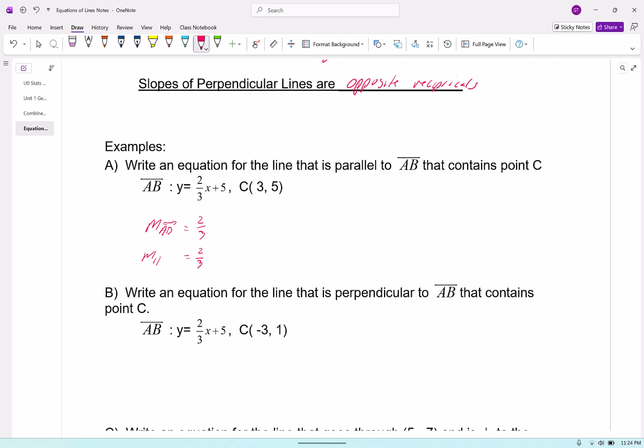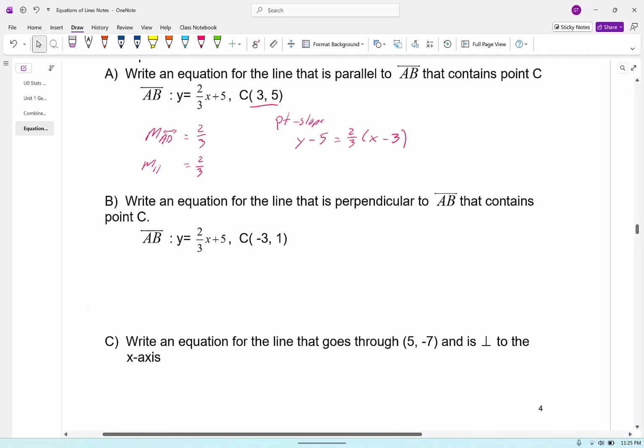Now I'm given a point on that line, so I can just use my point slope form, which is y minus 5 equals 2/3 x minus 3. I've plugged that in, and that is my equation of the line in point slope.